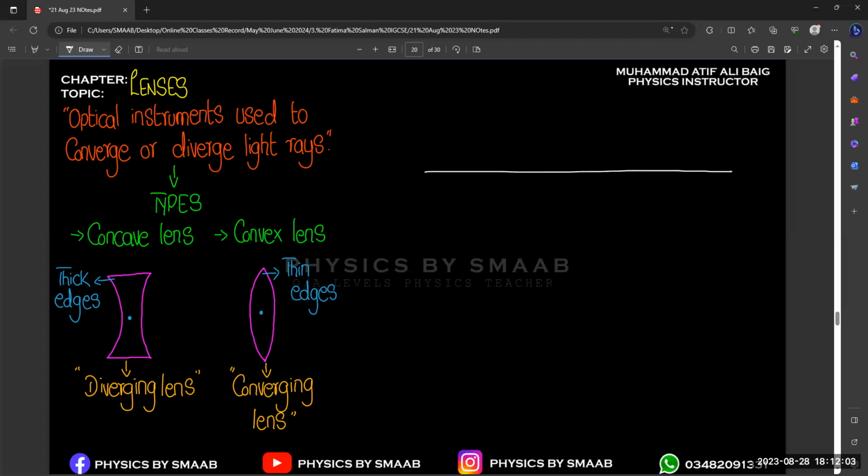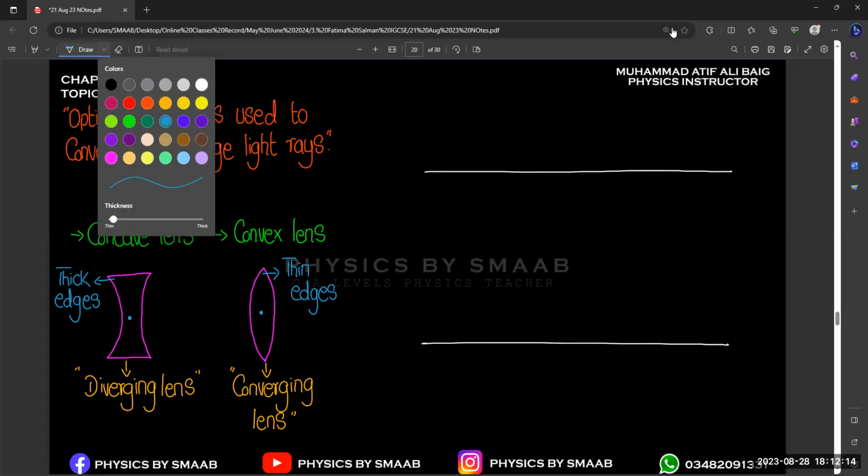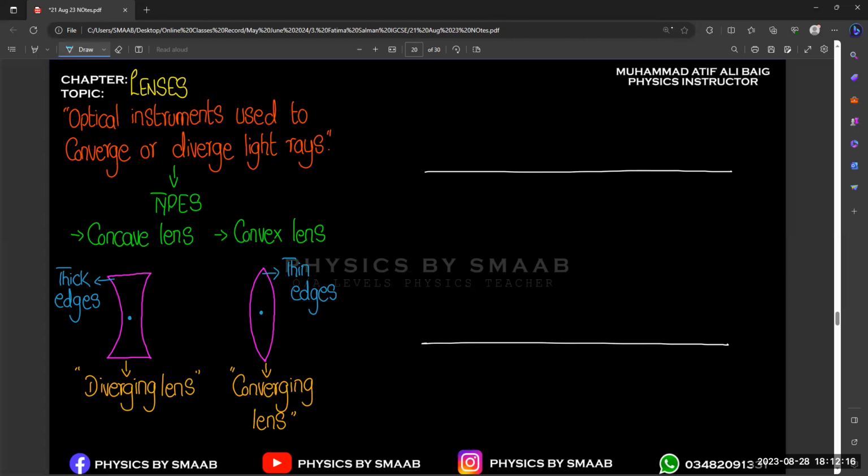So let's suppose we consider two lenses. The first diagram is for the concave lens. So we are drawing a straight line. The second one is known as the convex lens, right?